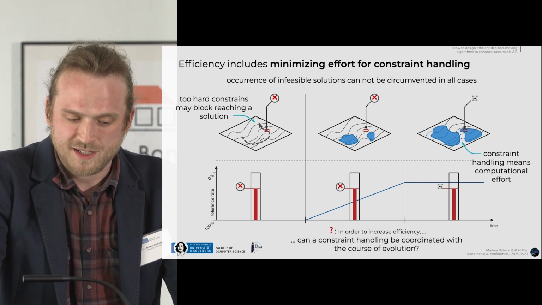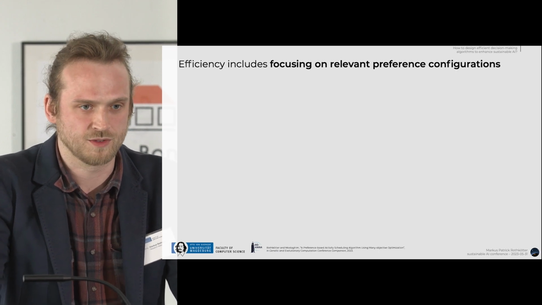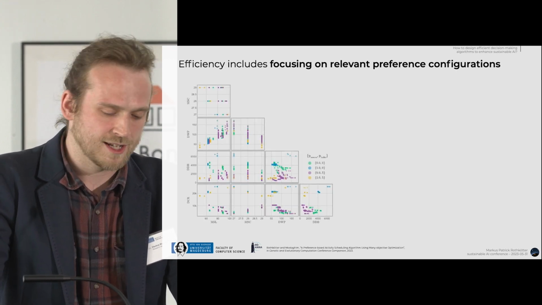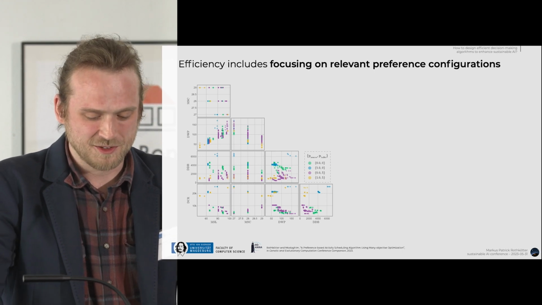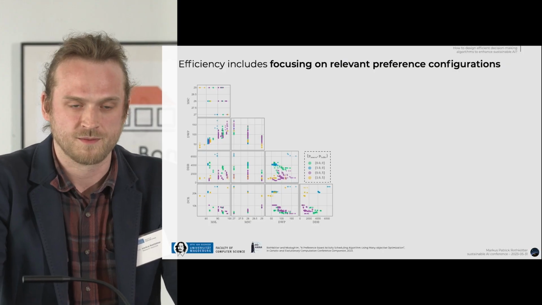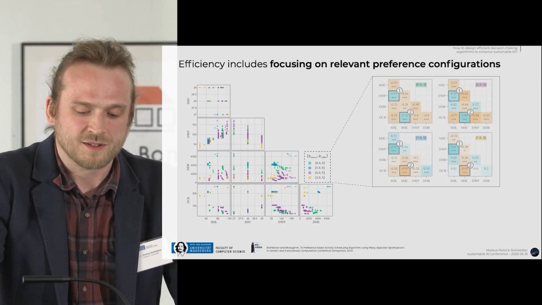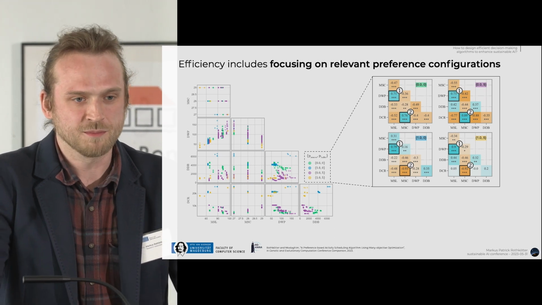And last but not least, the focus on relevant configurations. Here again is our busy result set, but this time I included a little legend, which shows that different colors show different preference configurations. And if we do again some analysis of correlations, we have a nice heat map.